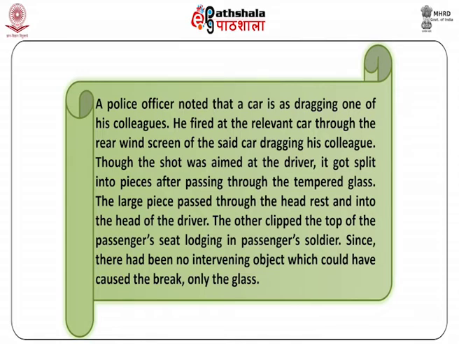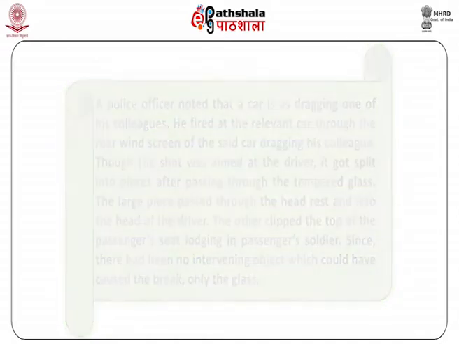The large piece passed through the headrest and into the head of the driver. The other clipped the top of the passenger's seat, lodging in the passenger's shoulder. There had been no intervening object which could have caused the break, only the glass.